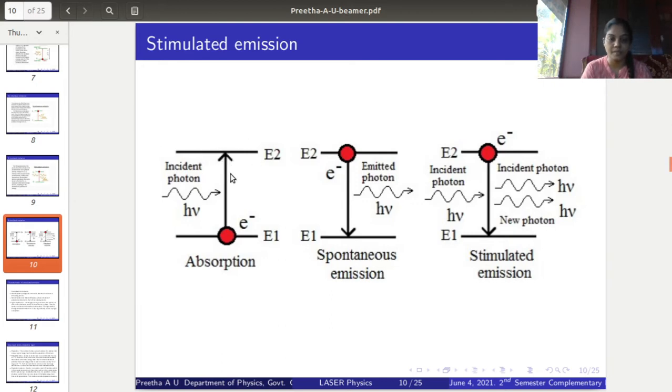The lifetime of the excited atom here is of the order of 10 to the power minus 9 second, of the order of nanoseconds. It's a very short time, so these atoms will get de-excited and come back to the original ground state by emitting the extra energy as radiation. That's how spontaneous emission happens, because of this very short lifetime at the excited energy state.